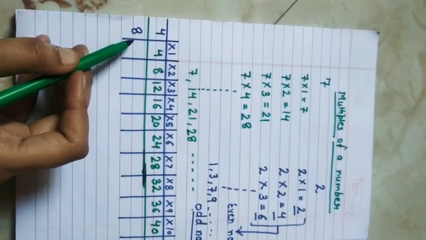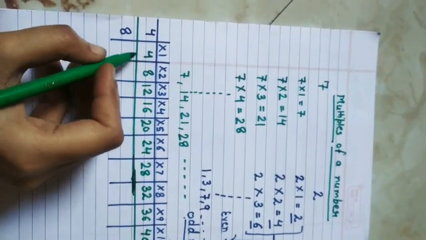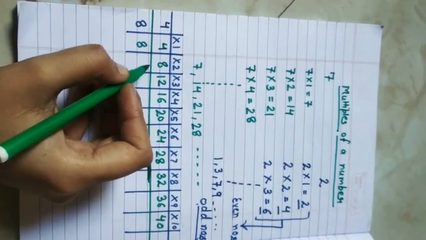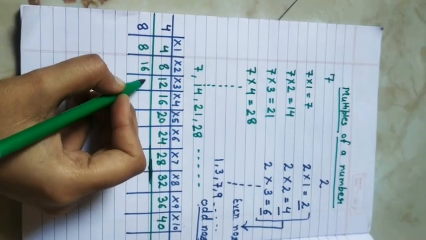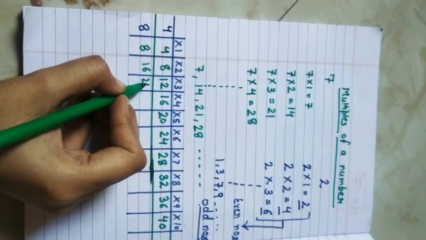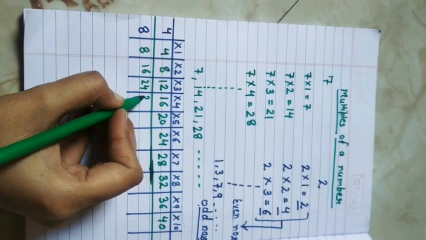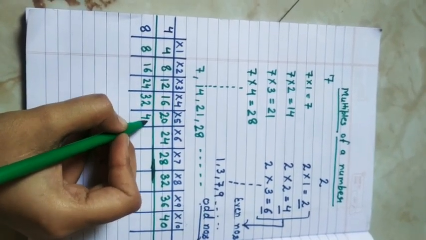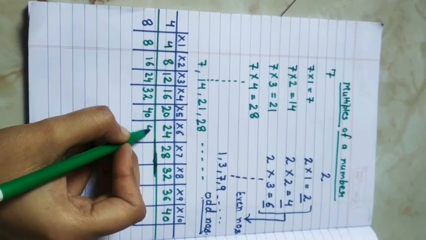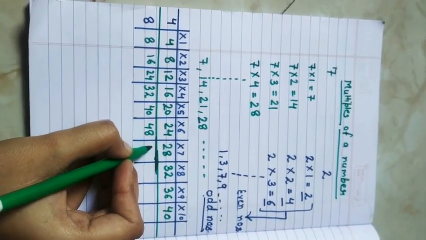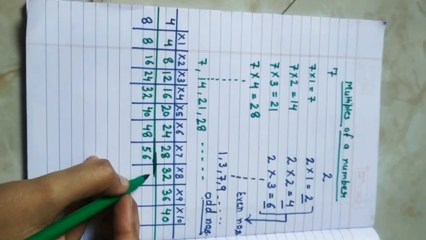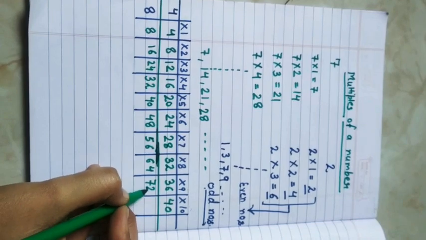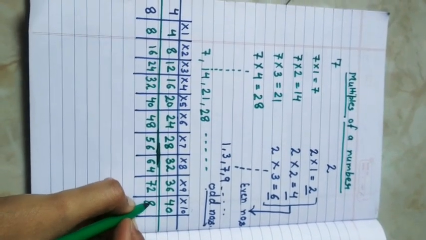Now let's find out the multiples of 8. As we all know, 8 times 1 will be 8. 8 times 2 will be 16, then 24, then 32. 8 times 5 will be 40, then 48, 56, 64, 72, after that 80.